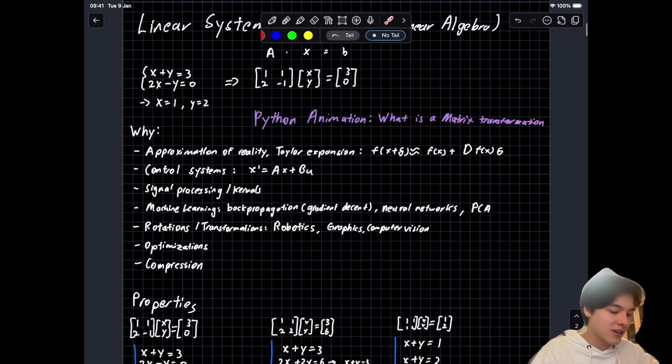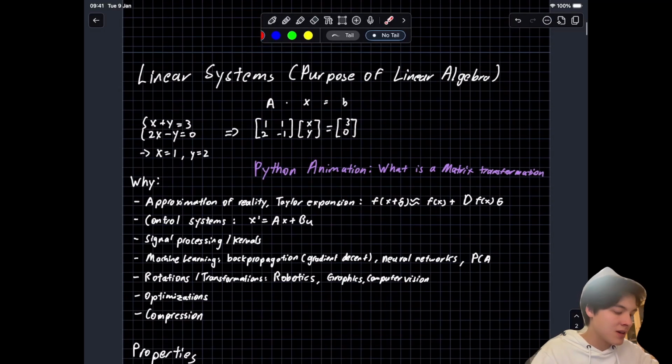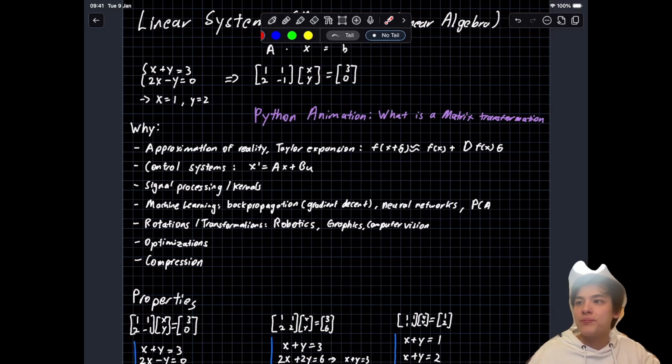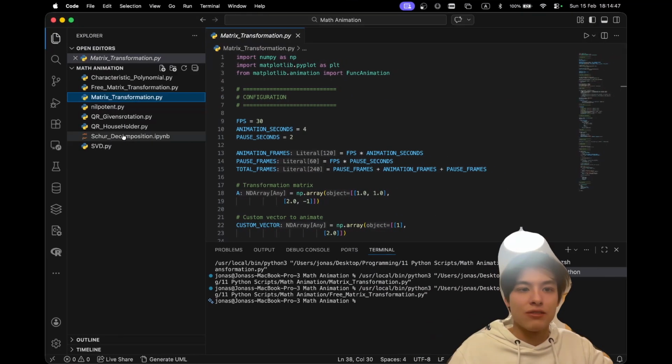So let's actually look at what a matrix transformation is, or what happens. Here we see in this example the matrix 1, 1, 2, minus 1, and for b we have 3, 0. I'll use the same example. I wrote some different scripts.